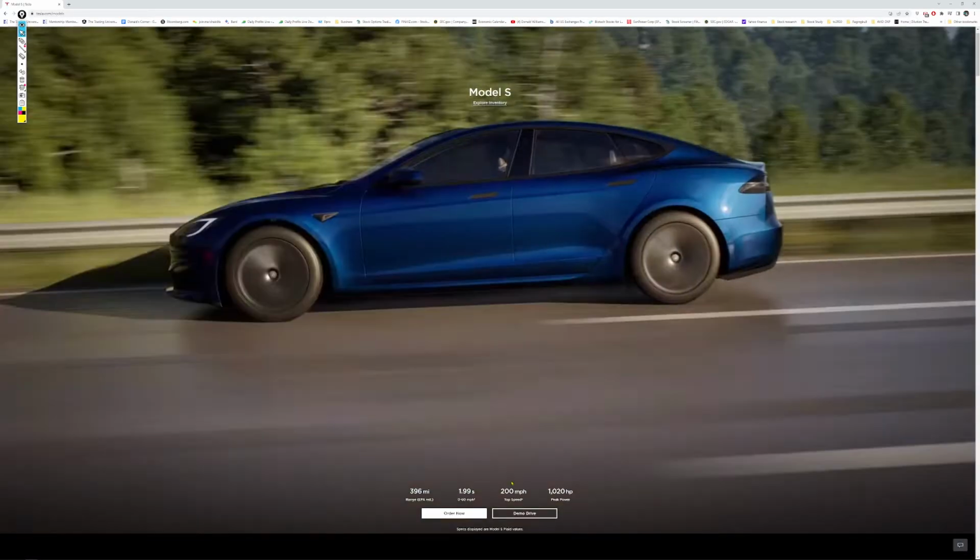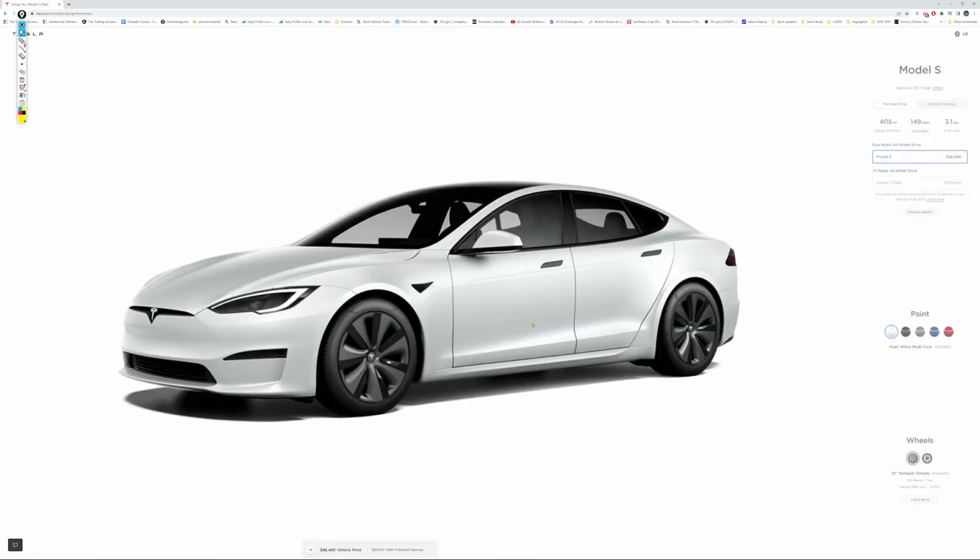We'll just say Model S. All right, order now. Let's see how much they cost. All right, just the base model is 88. The fully loaded is $108,000.